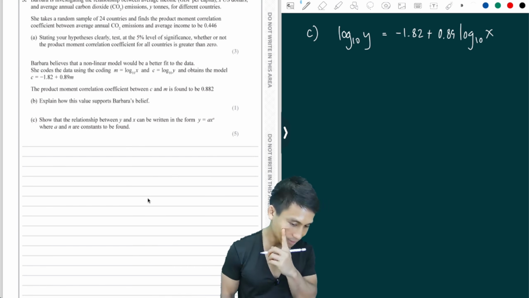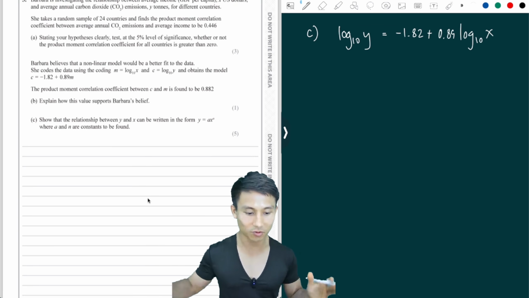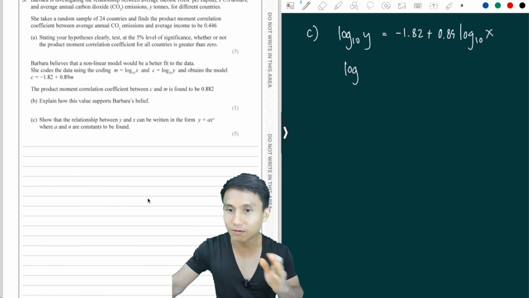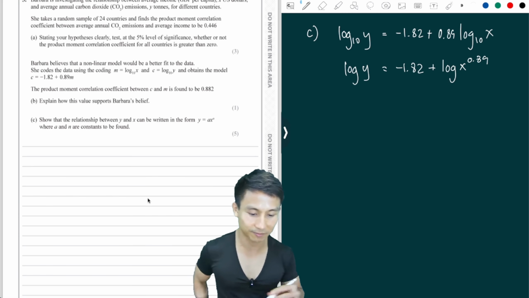And you can just rearrange. If you don't write the 10, it's still going to mean base 10, so I'm just going to ignore that for now, too much writing. And I'm going to put this as log x to the power of 0.89 using a log property.